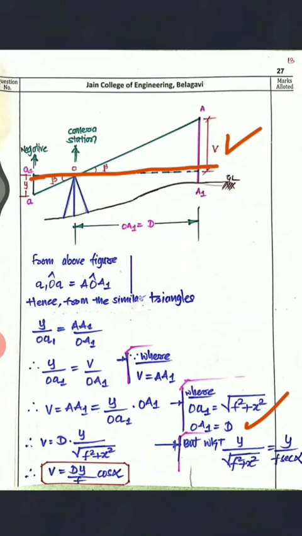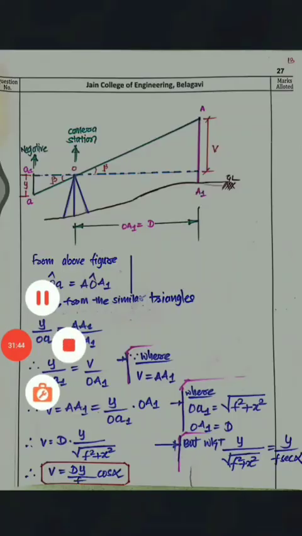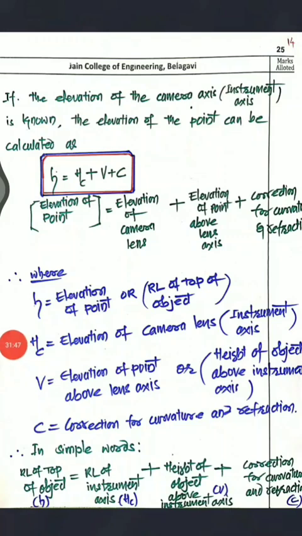I'll show you the relation between V and camera axis. If the elevation of the camera axis, that is the instrument axis, is known, the elevation of the point, the RL of the top, can be determined. So H is the RL of the top of the object, which equals HC, the elevation of the camera lens, plus V, the elevation of the point above the lens, plus C, the correction for curvature and refraction.